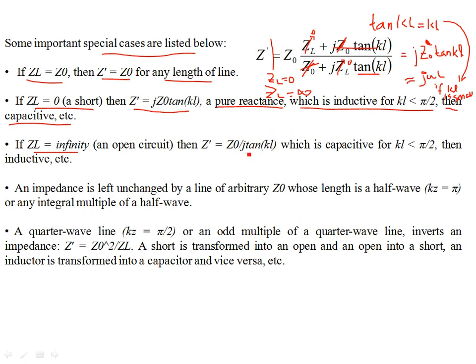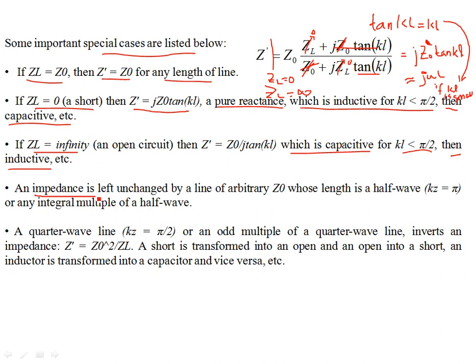So over j, or minus jZ0 cot(kL), which looks capacitive because there is j in the denominator, and this is again for kL less than π/2. So for a very short piece of a transmission line, yes, it does behave as a capacitor, but generally it is not true. It can be inductive. It depends on the electrical length of the line. If the electrical length is small, yes, it is capacitive. In general, no, it can be inductive.